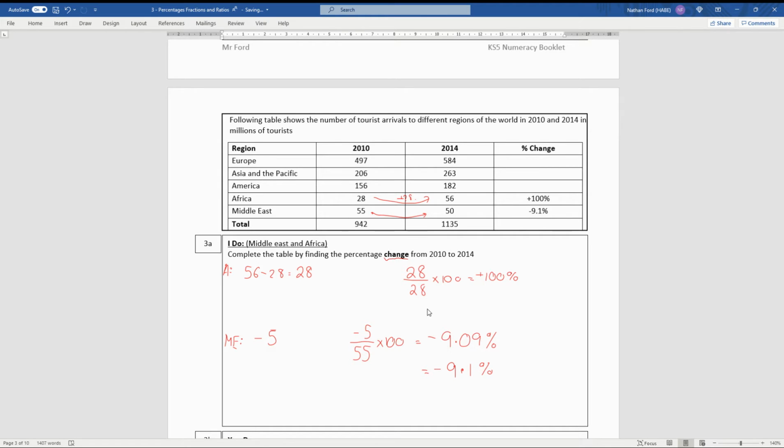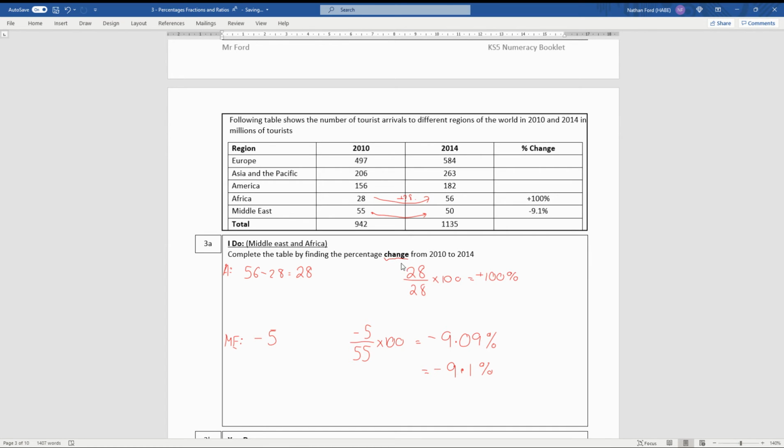Okay, and that's exactly how we're doing percentage change. It's just like percentage of, but in this case we want to put the change as our specific amount. So it's not the value on top, it's the change, because that's what we're doing.